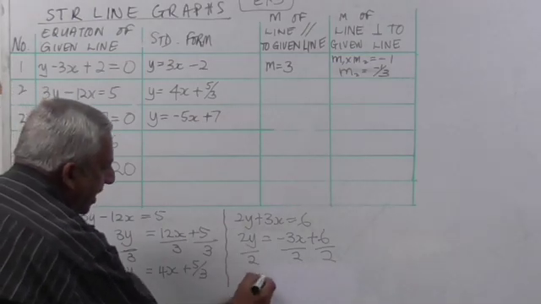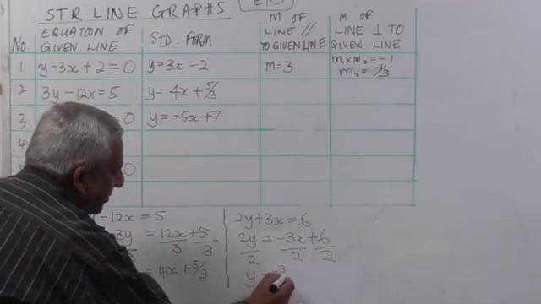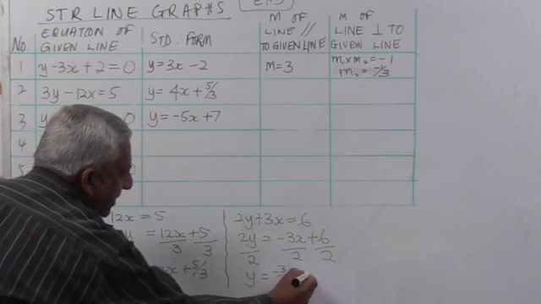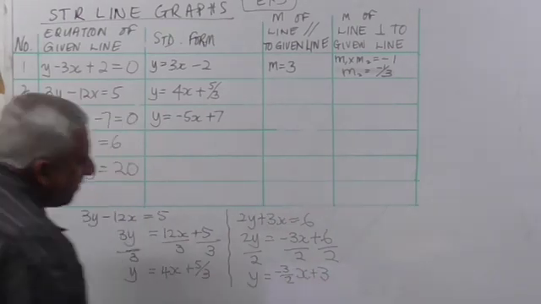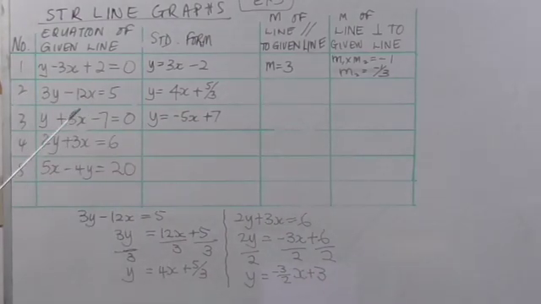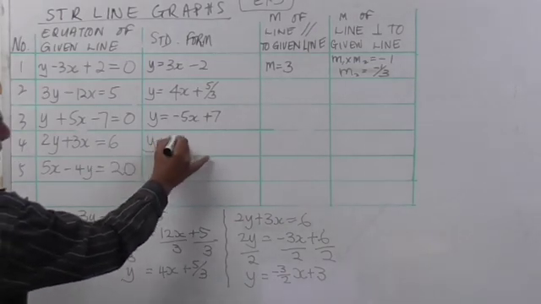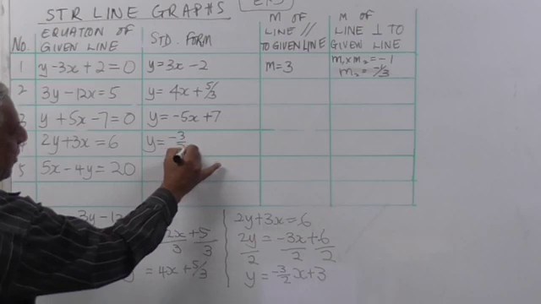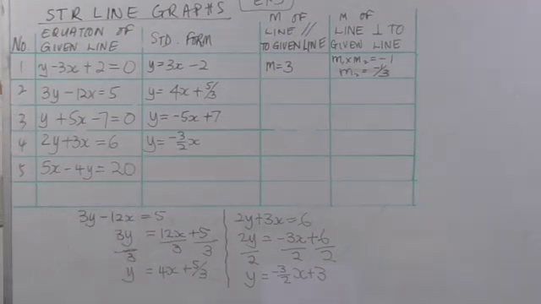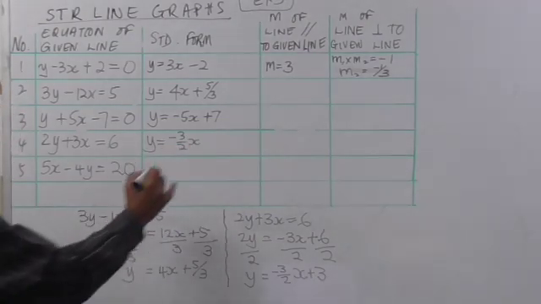And that will give me y is equal to negative 3 over 2x plus 3. So the answer for number 4 is y is equal to negative 3 over 2x plus 3.